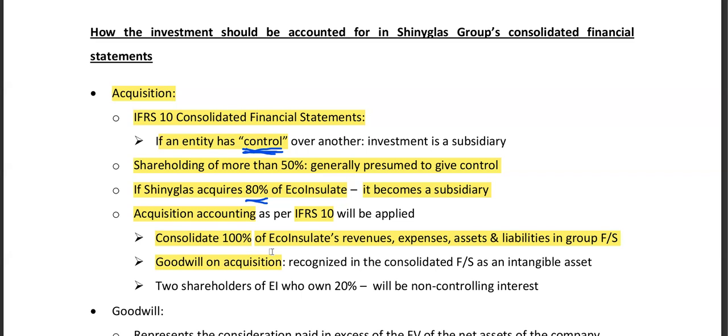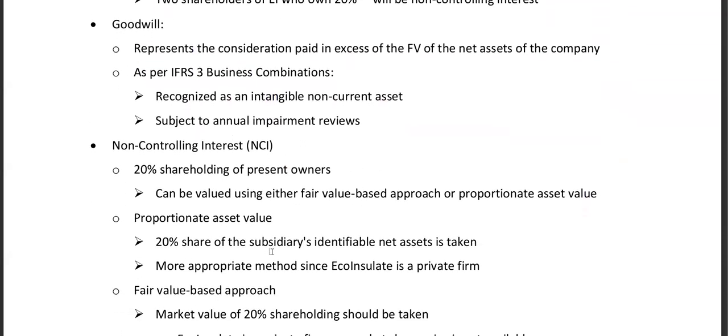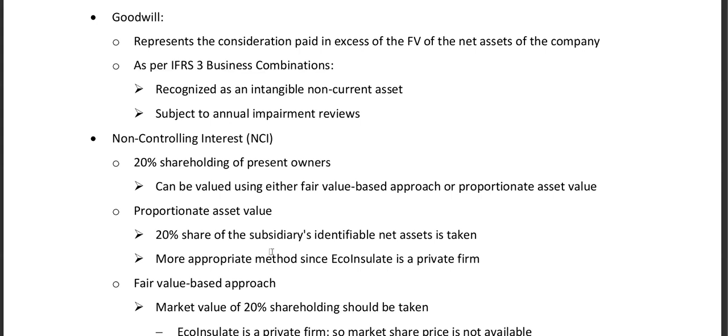We will not go into the details of that, but remember, goodwill is the premium that we would be paying to acquire a controlling stake in the subsidiary. So goodwill represents the consideration, in other words, the price that we pay in excess of the fair value of the net assets of the company.